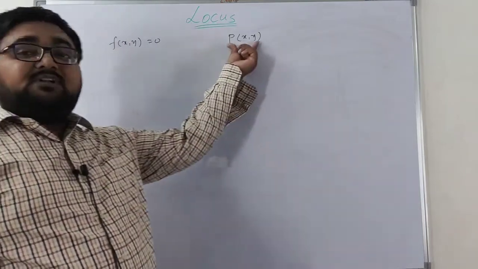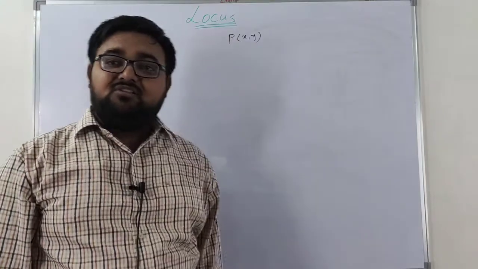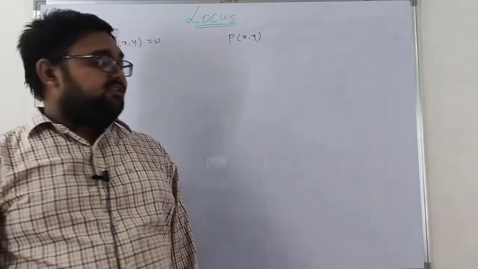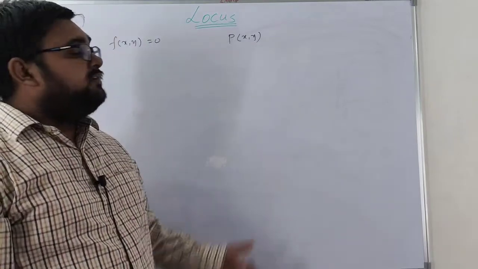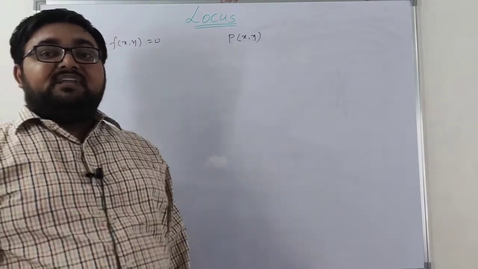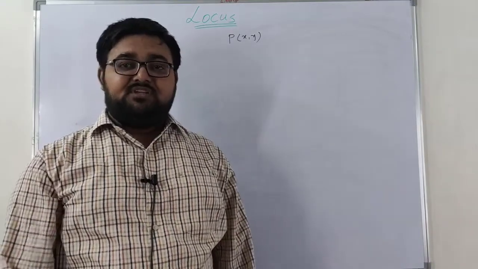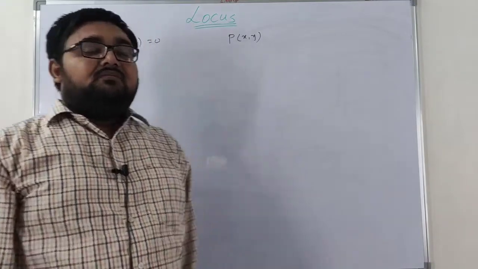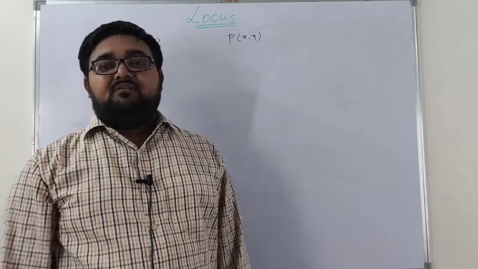Now if this particular point satisfies this equation, then we say that this point lies on the locus of the given condition, or simply we can say this P of x comma y is a point of the locus, right? Now let us see how to find the locus of a point.